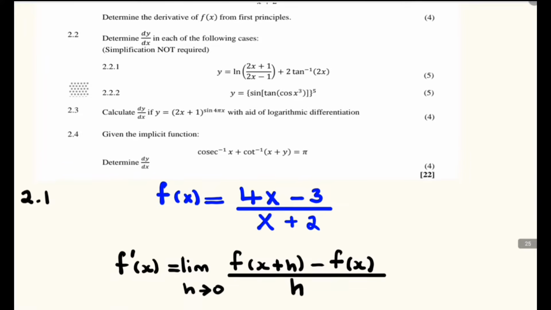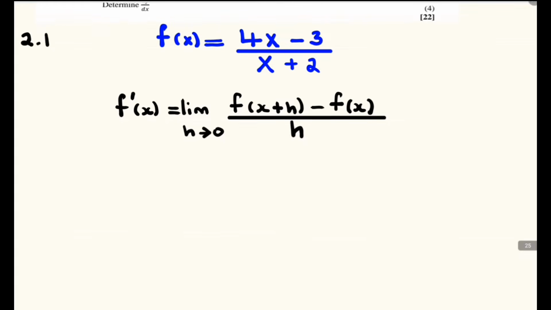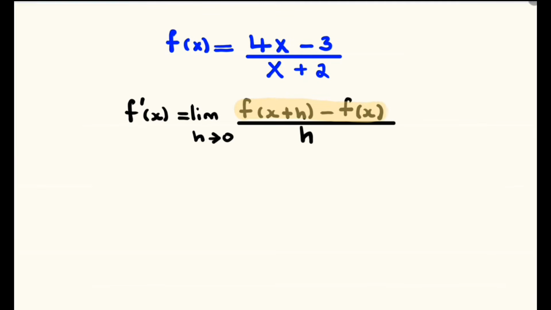And we have our formula for first principle, but we are going to first focus on our numerator. We already have the f of x given as equals to 4x minus 3 divided by x plus 2.